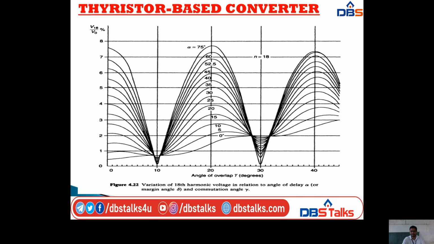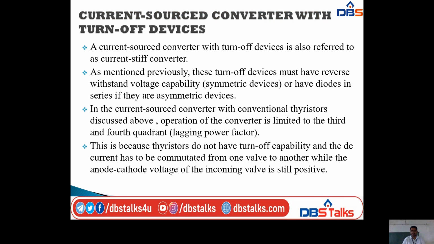And coming to the next concept, that is the current source converter with turn-off devices. That means a current source converter with turn-off devices is also referred to as a current step converter.